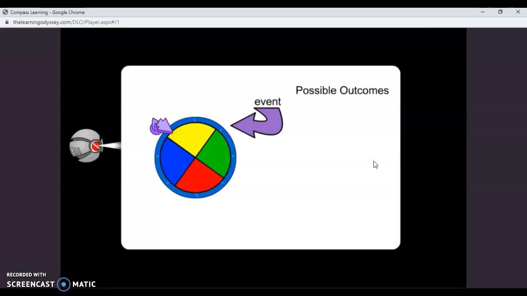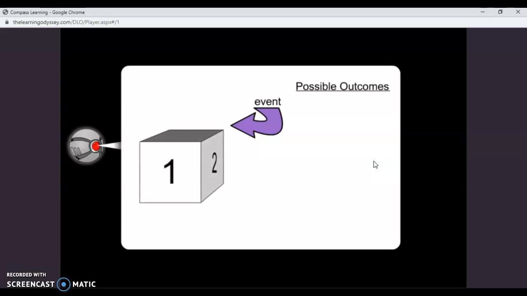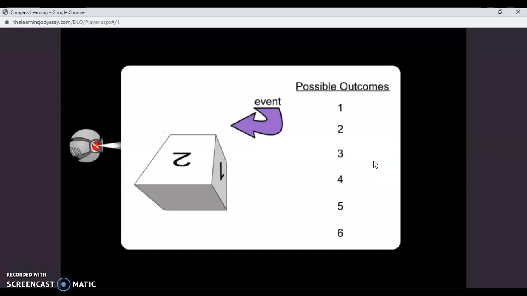To determine the possible outcomes of an event, make a list of all the results that have a chance of happening. The possible outcomes of spinning the pointer on this spinner are red, blue, green, and yellow. The possible outcomes of flipping this coin are heads and tails. The possible outcomes of rolling this number cube are 1, 2, 3, 4, 5, and 6.